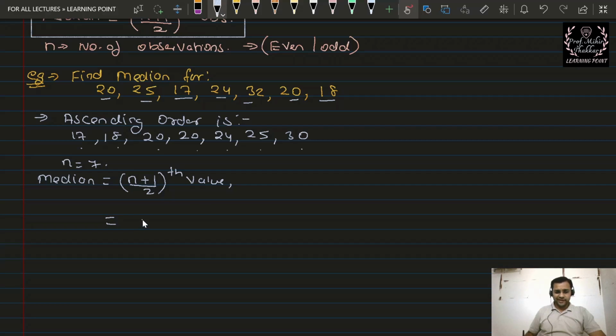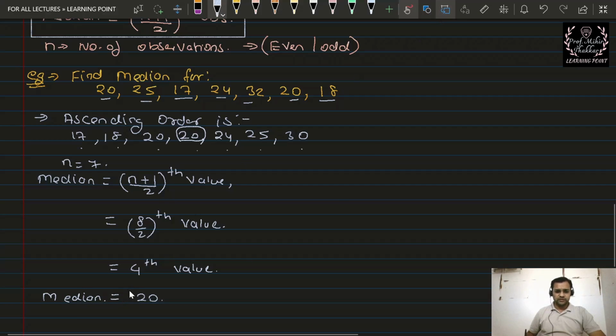So that is 8 upon 2th value, which is nothing but the fourth value in the ascending order. Then it is first, second, third, and the fourth. So the number is 20. So I can easily say over here that the median value is equal to 20.